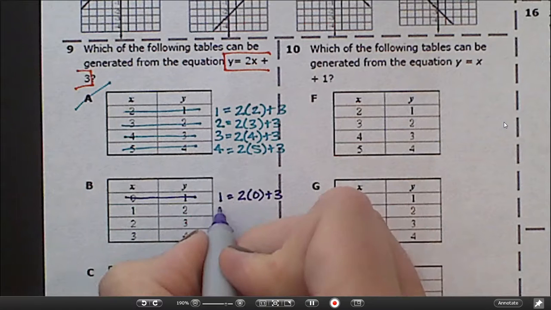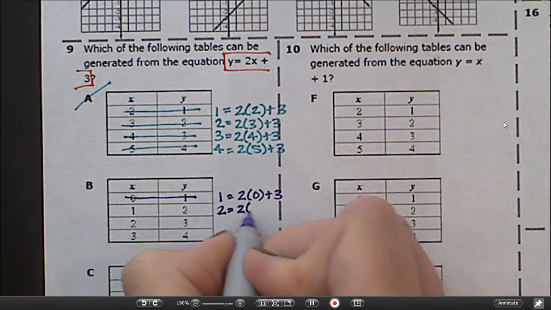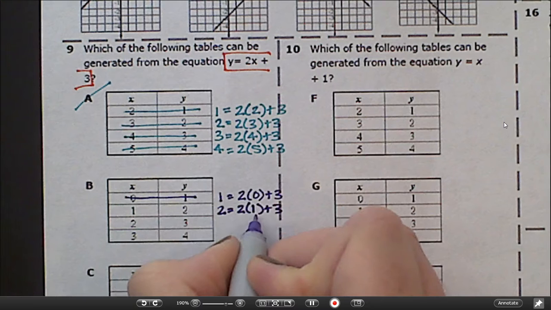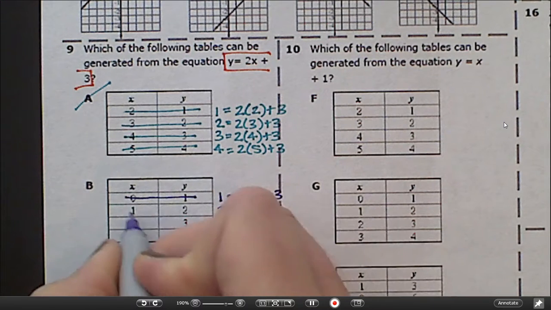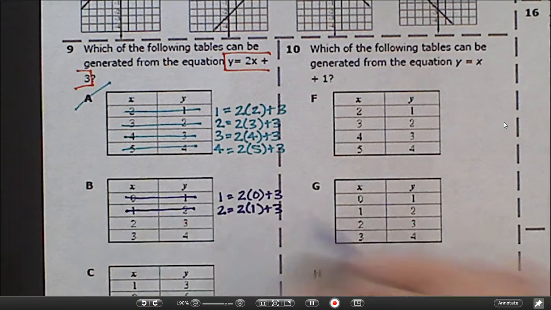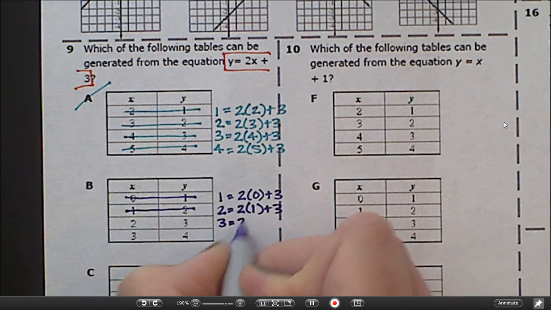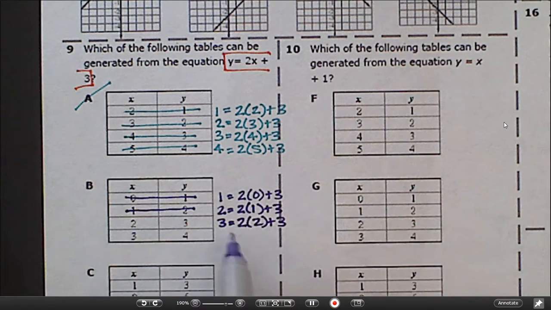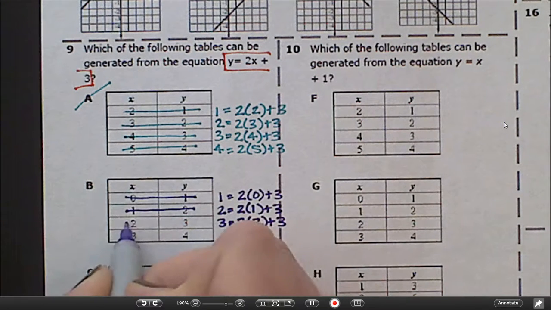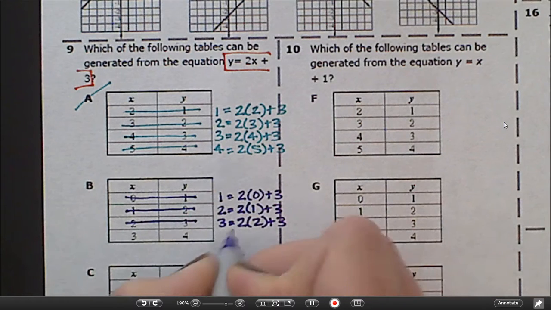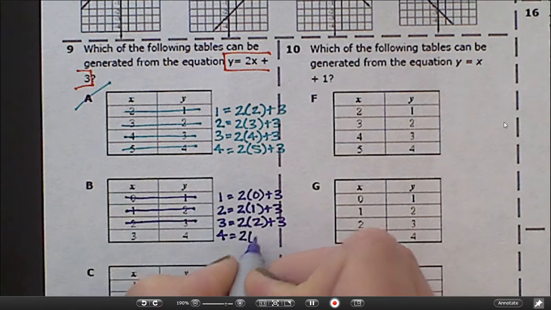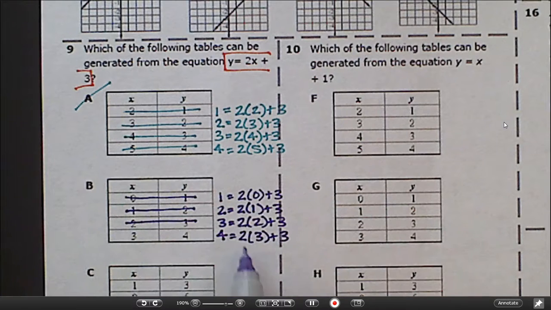Let's test the next one. 2 equals 2 times 1 plus 3. 2 times 1 is 2, plus 3 is 5, not 2. 3 equals 2 times 2 plus 3. 2 times 2 is 4, plus 3 is 7. 4 equals 2 times 3 plus 3. 2 times 3 is 6, plus 3 is 9. So none of these points in table B fit that equation.